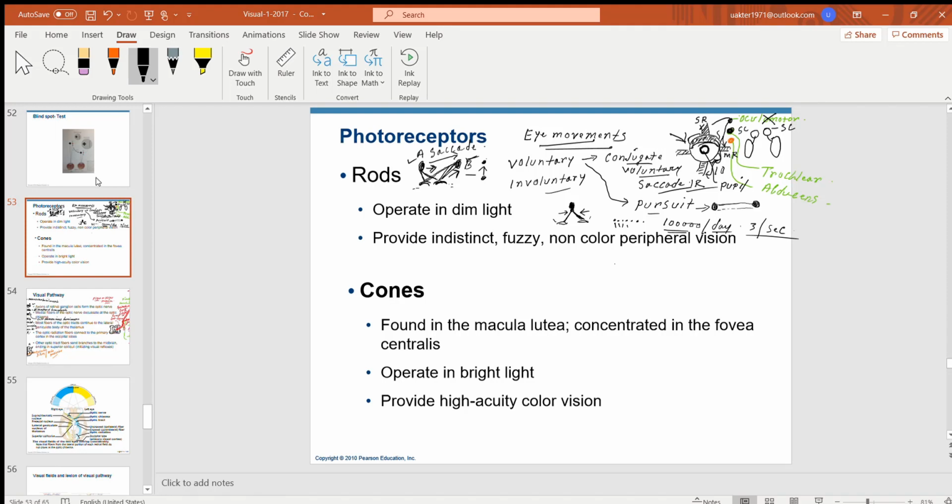Now if superior rectus and inferior oblique paralysis occurs, the muscle tones are lost. They cannot hold the eyeball upwards. That pressure or tone is lost. So what will happen? The eyeball will drop downwards.